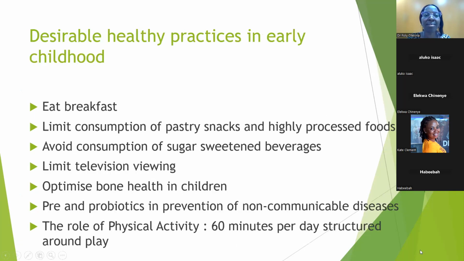If a family eats together at least once a day, then we'll be able to ensure that the child or the adolescent is also eating a healthy meal at least once a day. In early childhood, these practices are desirable.